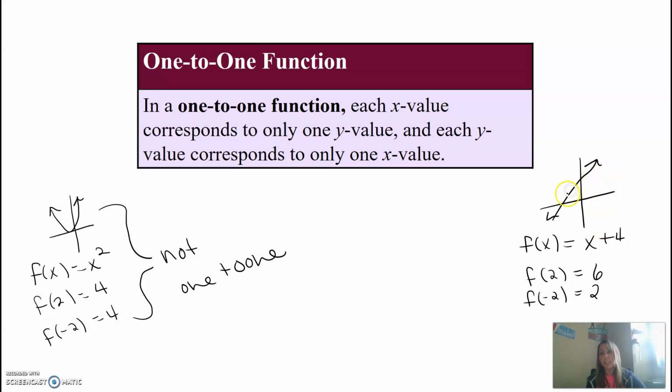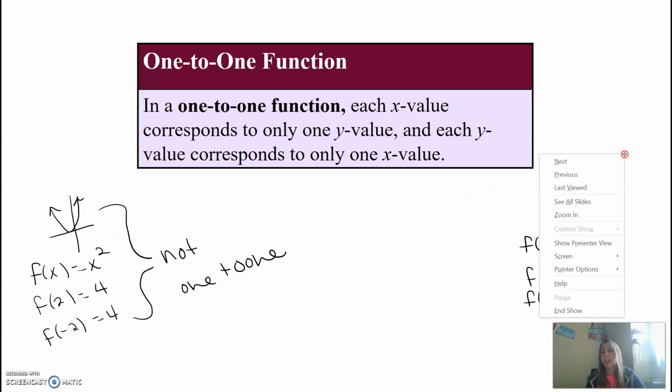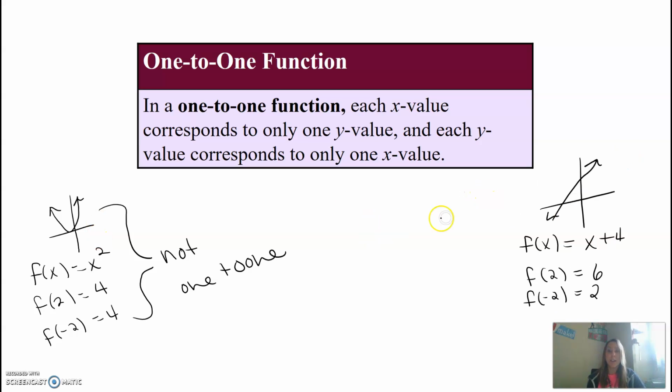This one stays all positive for the y values, and this one has negative values and positive values. This is a linear function, and linear functions are one-to-one.